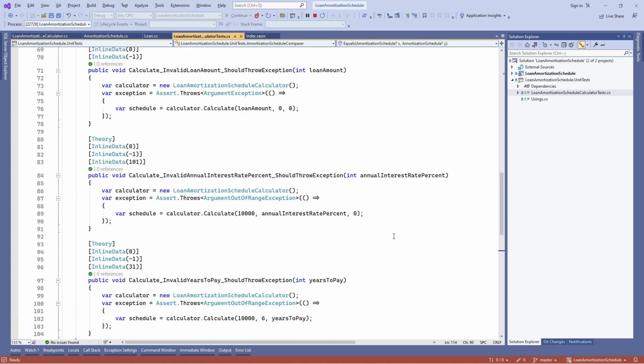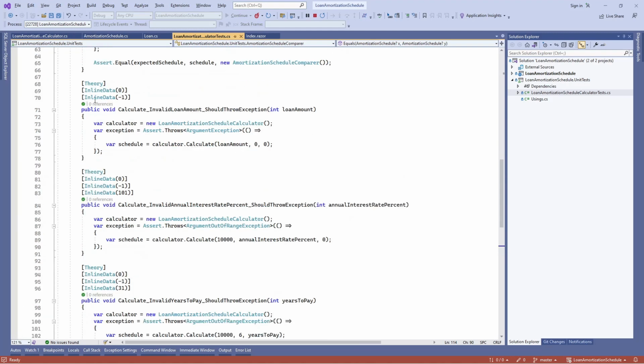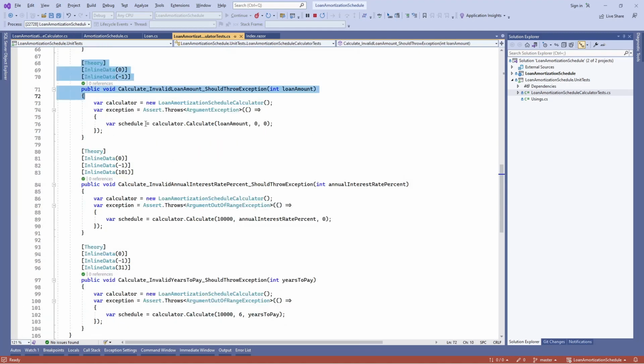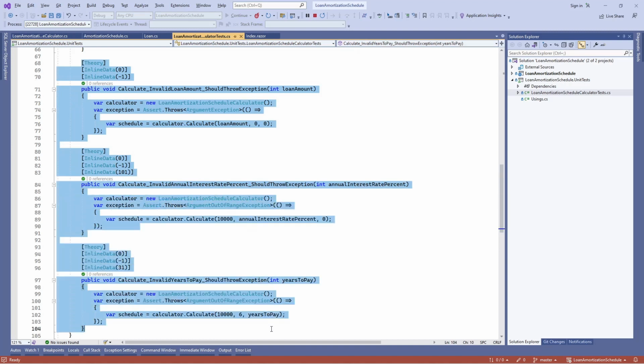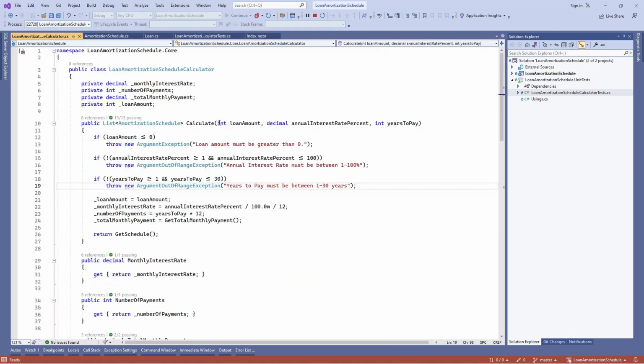Anyways, so here we have this part. This part is where we do the validations prior to actually doing the calculation. So in our calculate method, we have these parameters, right? We did some unit tests against this to verify that we are dealing with correct values. So this would be the validation section prior to actually doing the calculations.